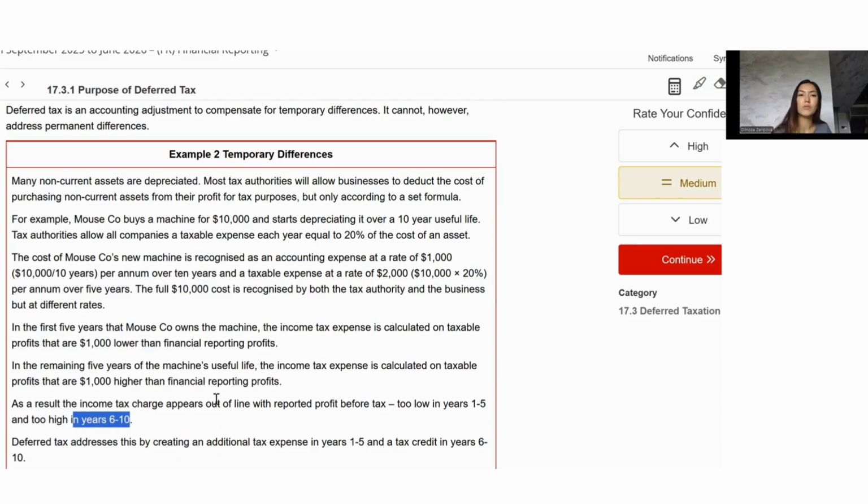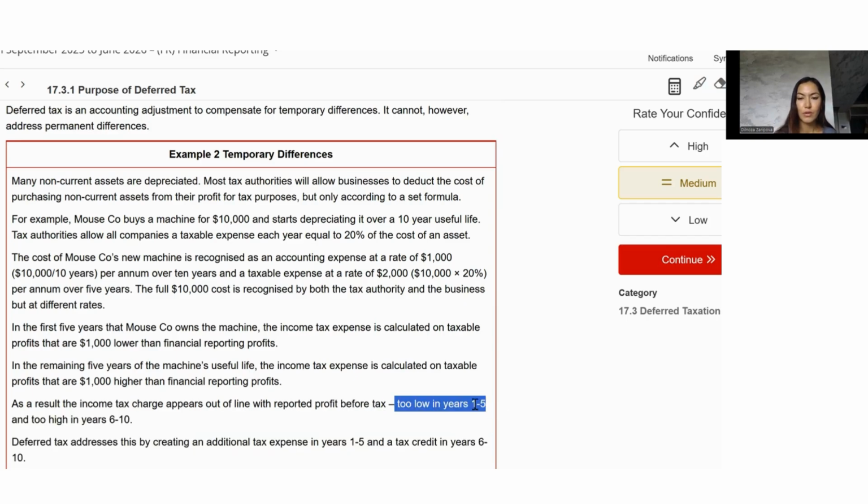And this matching principle here doesn't work. And that's why they created these deferred taxes in order to match. You see, you are deducting 1,000, but at the same time, you are calculating less taxes in the first years because reported profit before tax is too low, right?